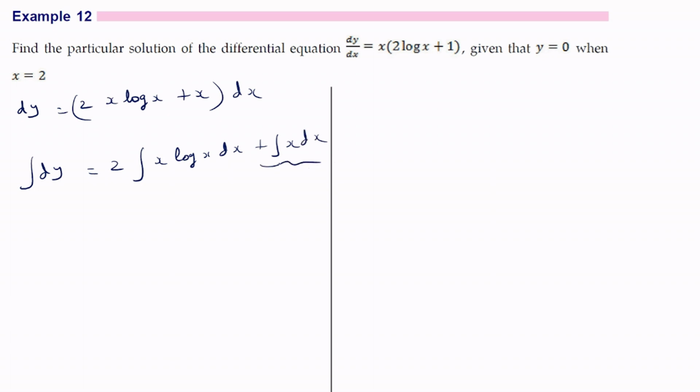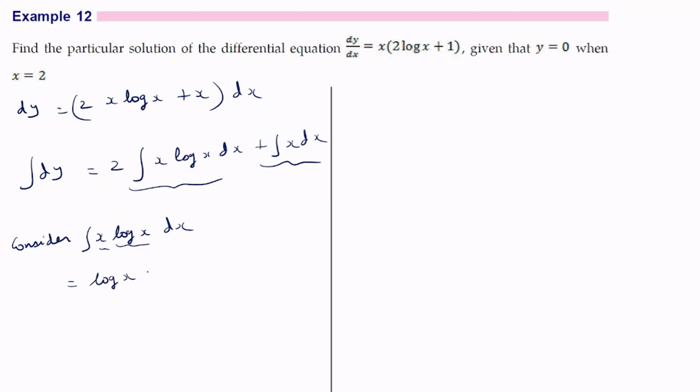Let us integrate x log x dx using integration by parts. Consider integral x log x dx. Here we have to take log x as the first function and x as the second function.